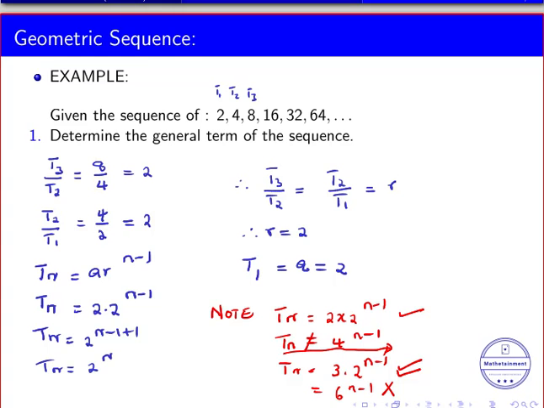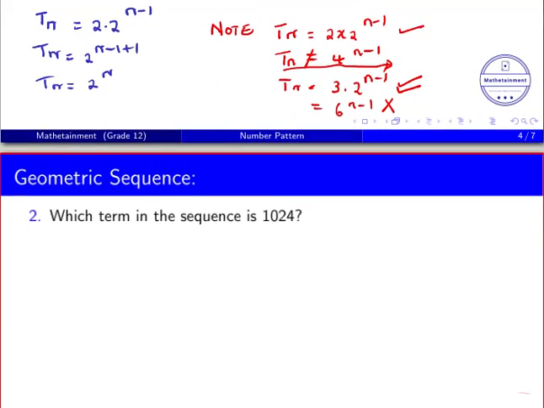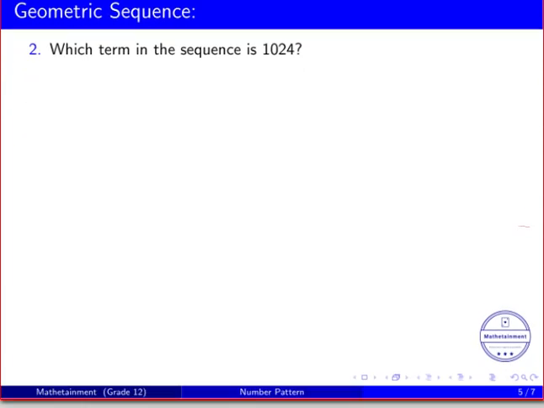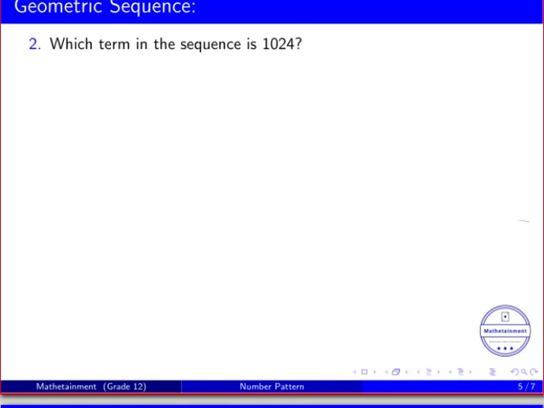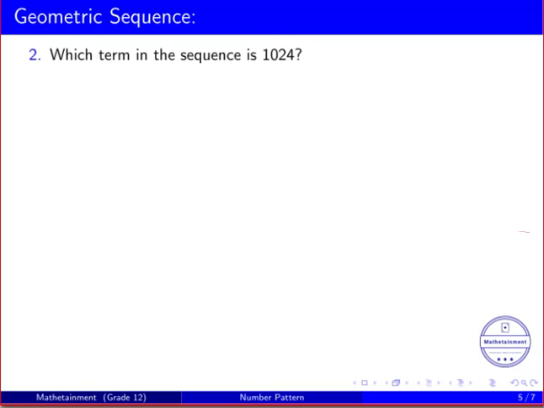Moving to my next question. My second question says, which term in the sequence is 1024? Okay. The fact that they want to know which term, and let me highlight this part, which term.